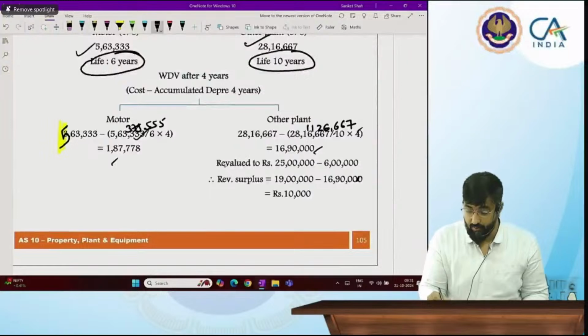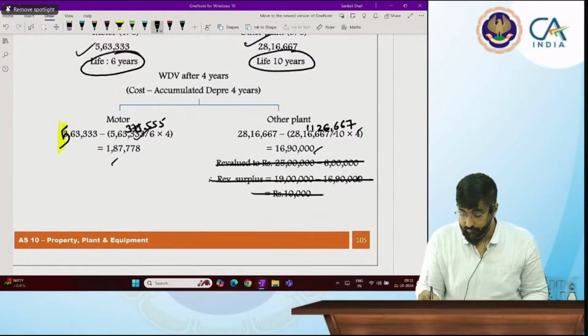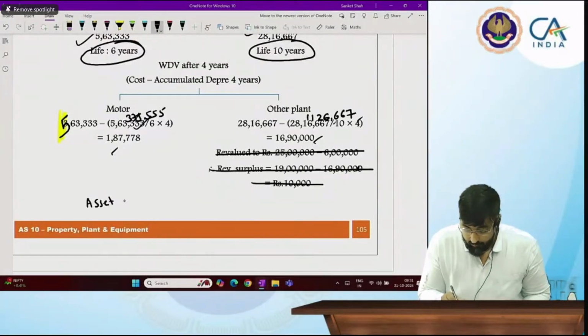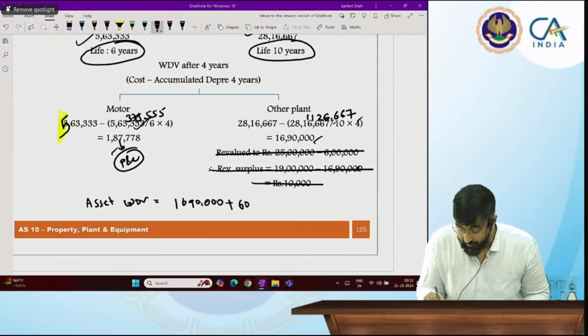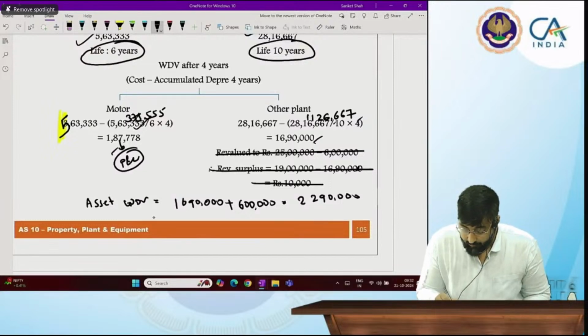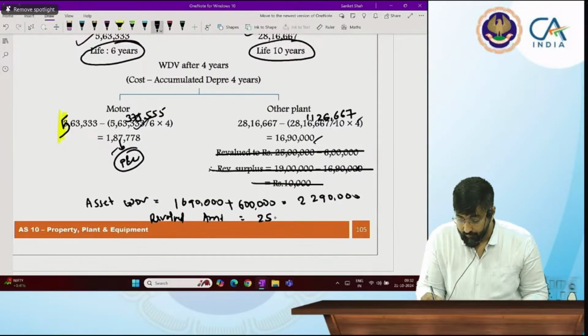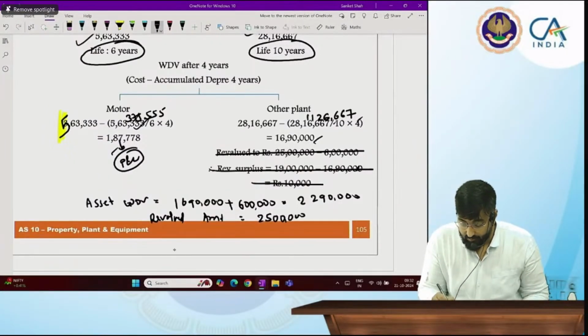Wait, something went wrong here. Okay, now your asset value is 16 lakh 90,000, because this will go to P&L, plus 6 lakhs. What is the value? 16.9 plus 6, 22.9, correct. And revalued amount is 25 plus 6, 31 lakhs.